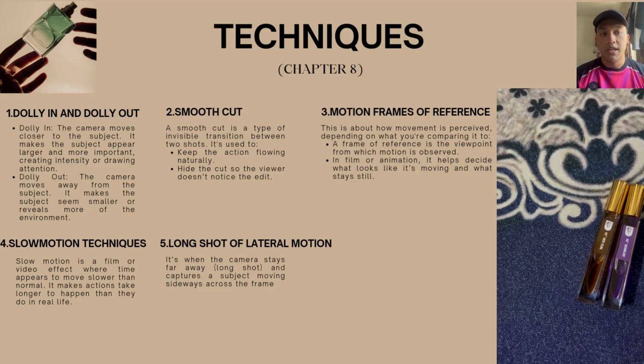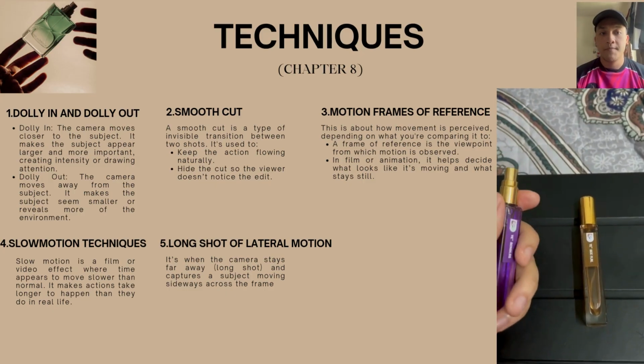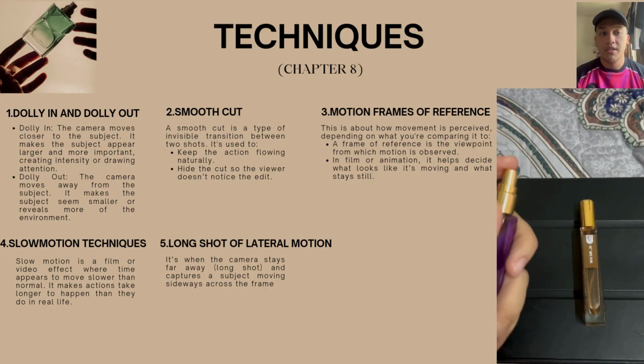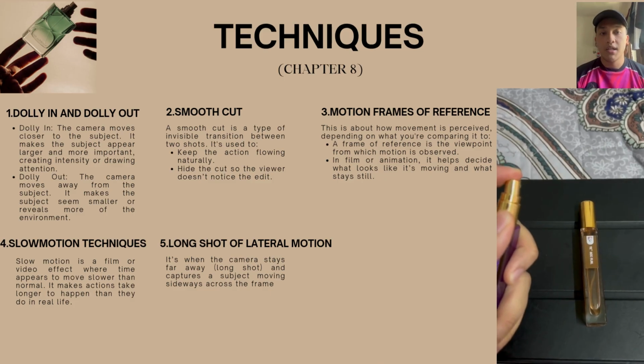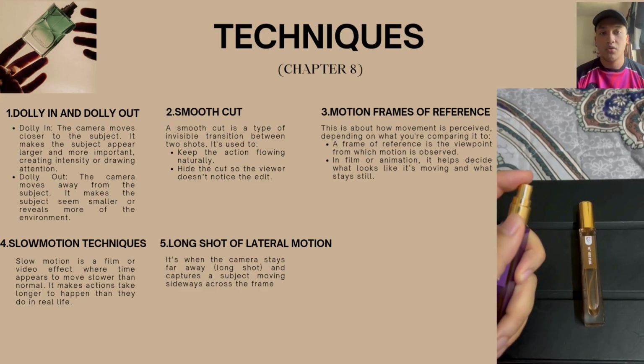We use this technique in our video to give a more interesting effect and attract the attention of viewers to watch the videos we produce. Secondly, we use the smooth cut technique. A smooth cut is a type of invisible transition between two shots.